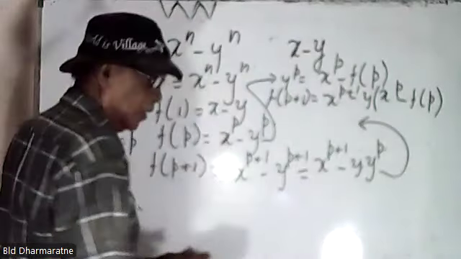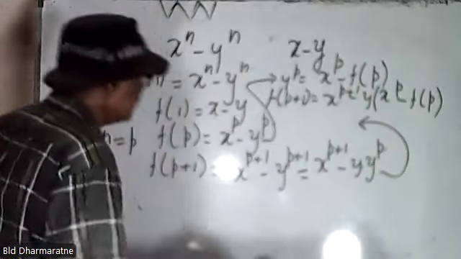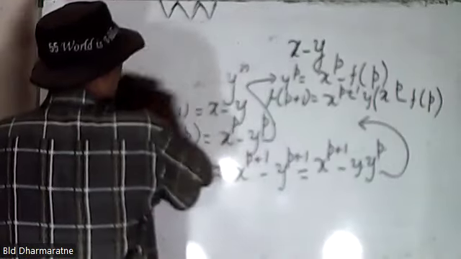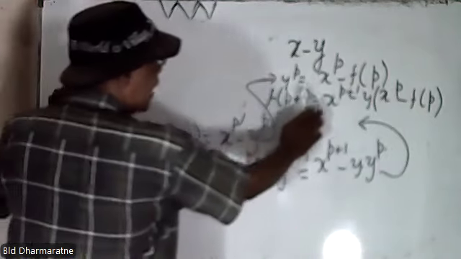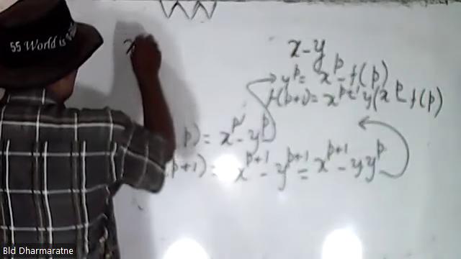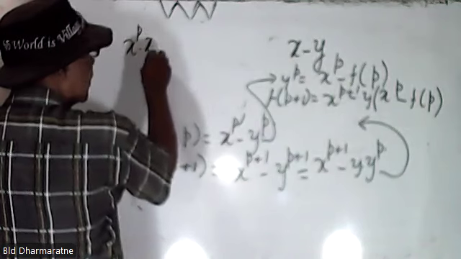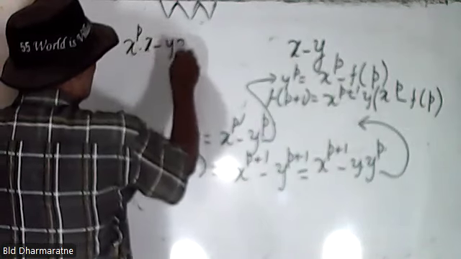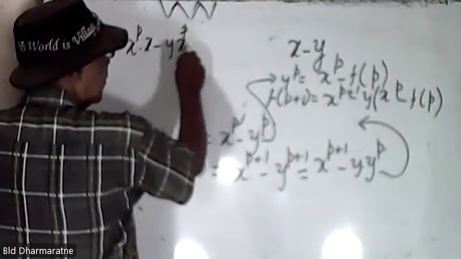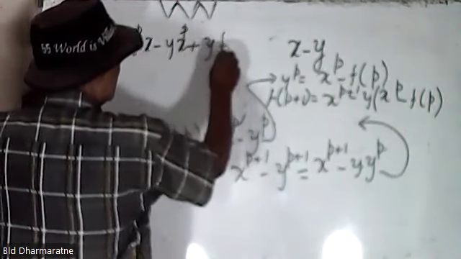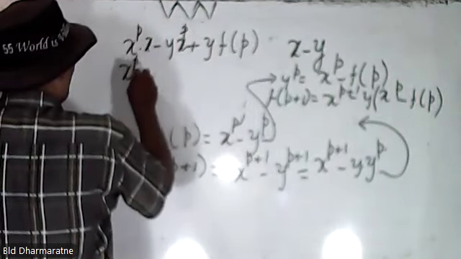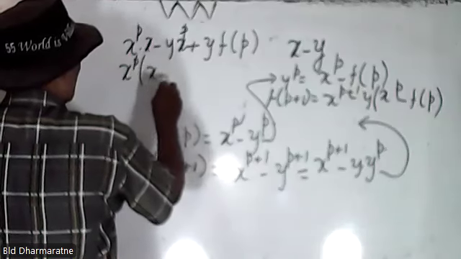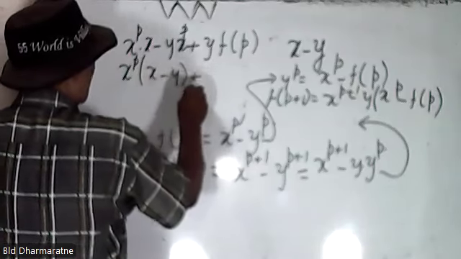Now we calculate this. After calculating, we have x^(p+1) minus y x^p plus y Fp. Taking x^p out, we get x^p (x minus y) plus y Fp.